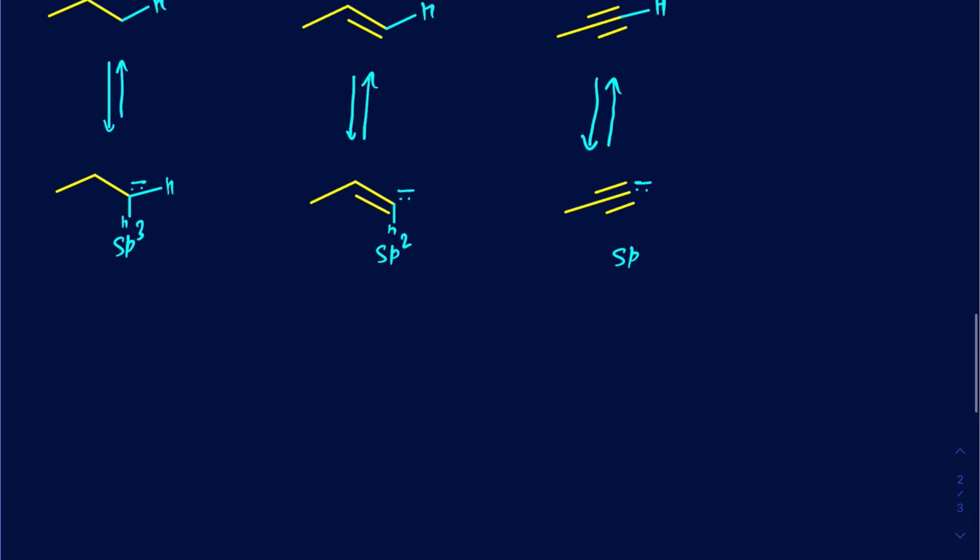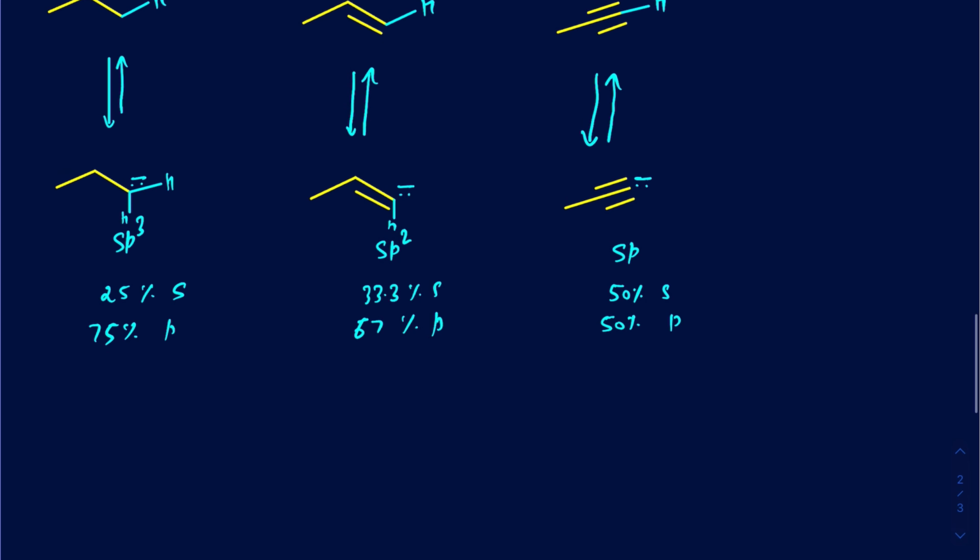And always remember, when we're looking at sp hybrid carbons, we have 50% S and 50% P. When we're looking at sp2, it's 33.3% S, and then we have roughly 67% P. And then in sp3, we have 25% S and 75% P. The more P character you have, the further away you're going to be from the nucleus.